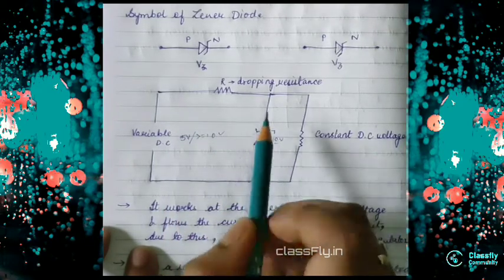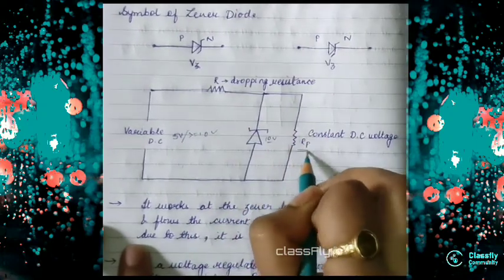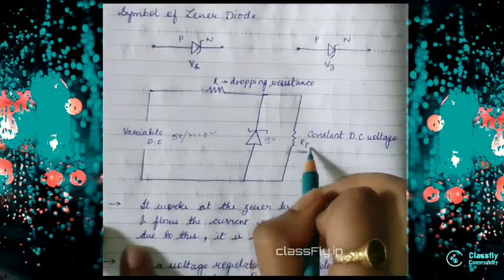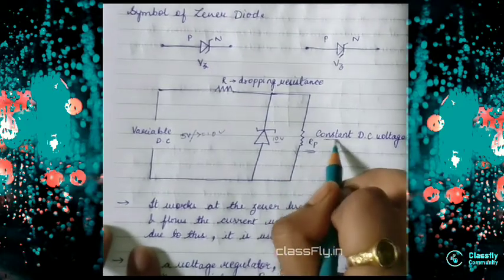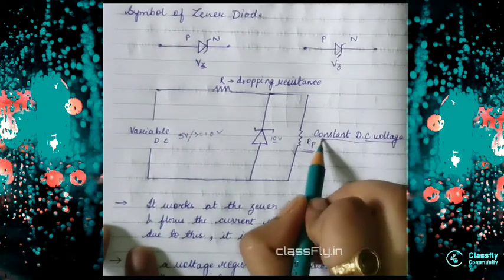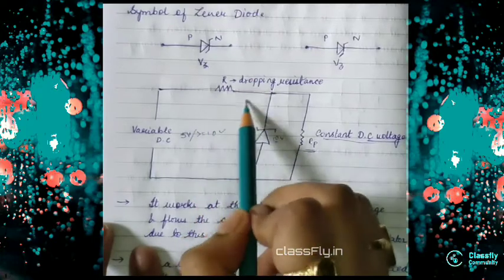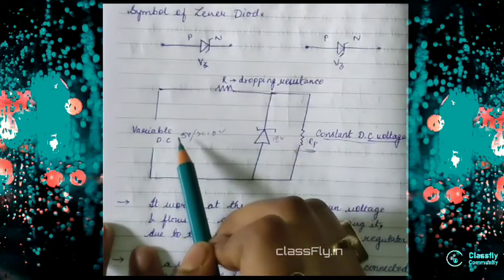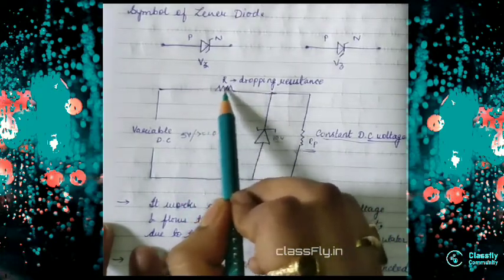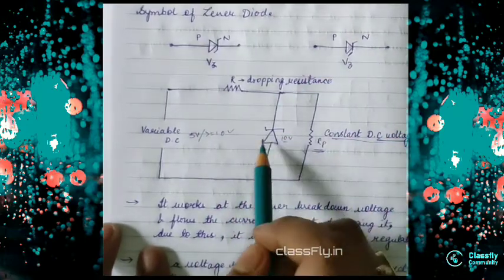A resistance is connected in parallel. This is the resistance which is connected in parallel, and across this resistance we have to supply constant DC voltage. And on the other hand there will be a fluctuation of the DC voltage in this series resistance. This is basically how a voltage regulator works as a Zener diode.